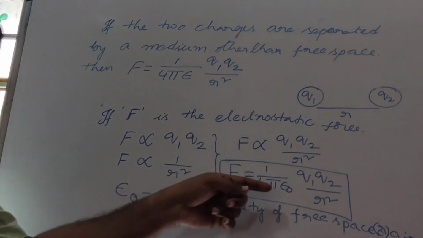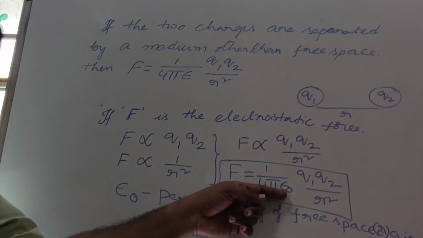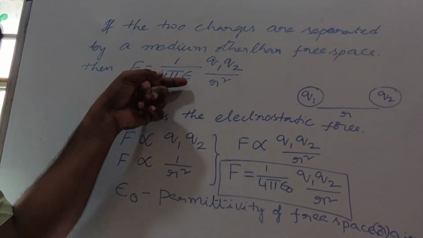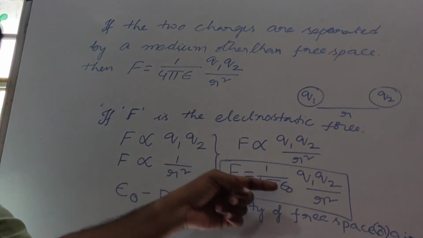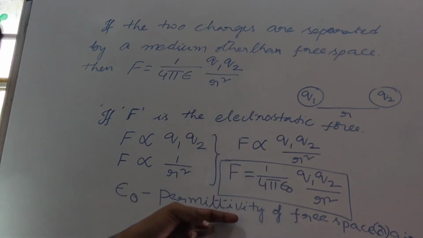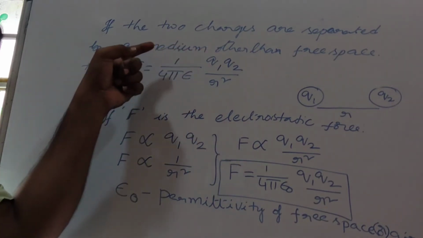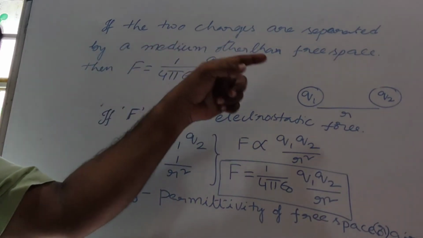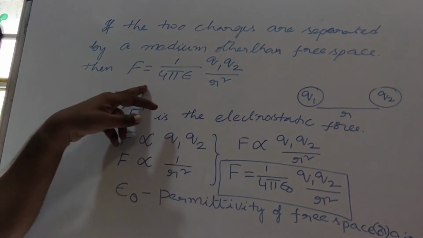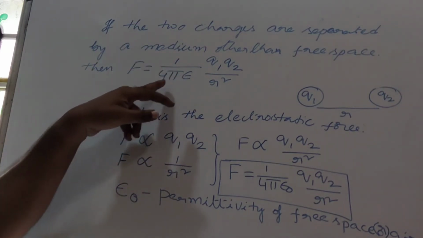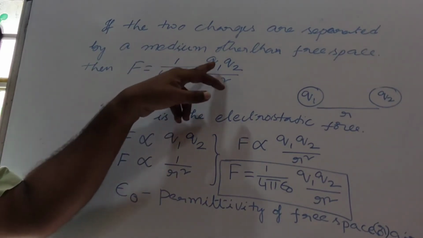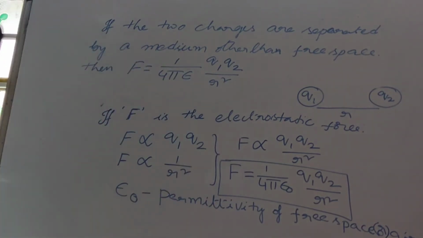You can see the difference: epsilon naught denotes the permittivity of free space, that is when the two charges are separated by air. If the two charges are separated by a medium other than air or free space, then the expression becomes 1 by 4 pi epsilon into Q1 Q2 by r square.